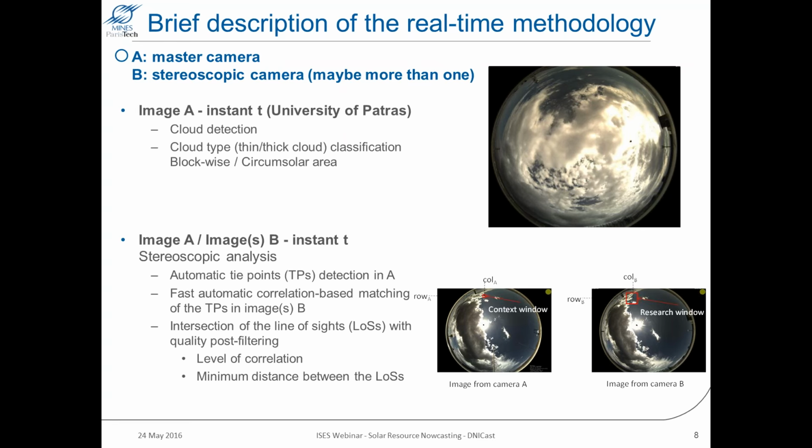Thanks to this correlation and this intersection of the lines of sight, we can also have a quality post-filtering of this matching based on the level of correlation and the minimum distance between the lines of sight.